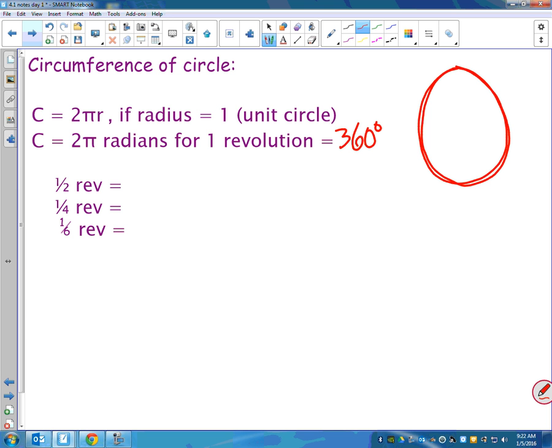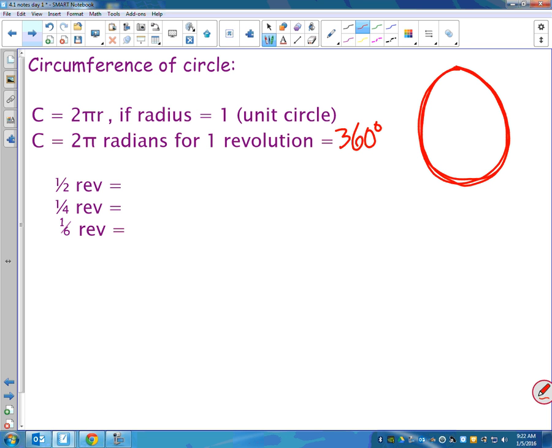So one of the biggest things we're going to learn today is comparing radians to degrees. If there are 2 pi radians in 1 whole circle, that's the same as saying 360 degrees. So we can use that to base some other ones. If 1 whole revolution is 2 pi radians, what would half a revolution be in radians? Okay, let's do degrees first.